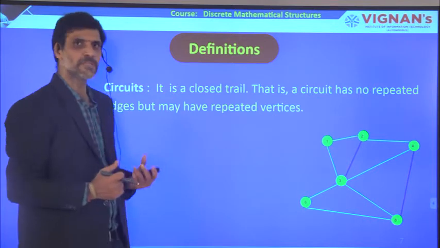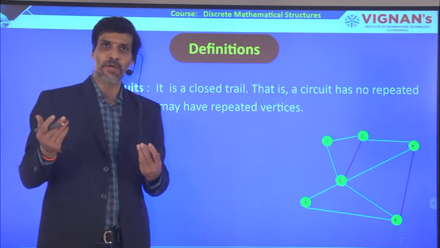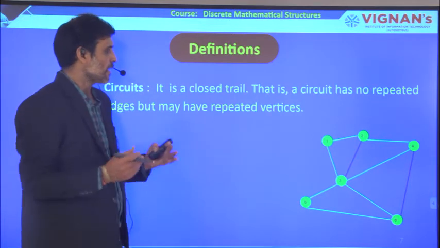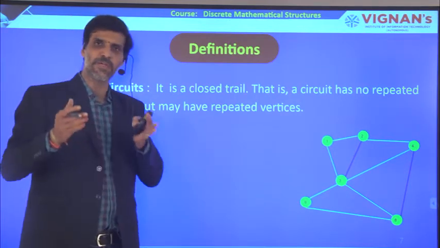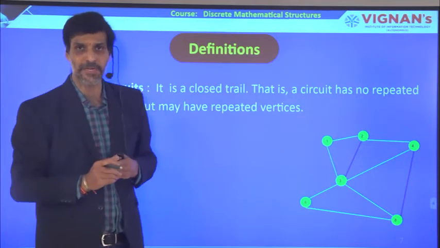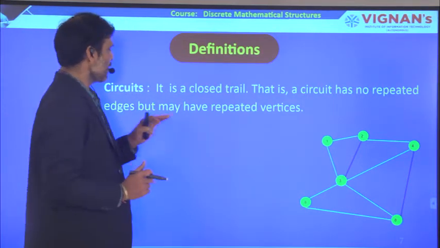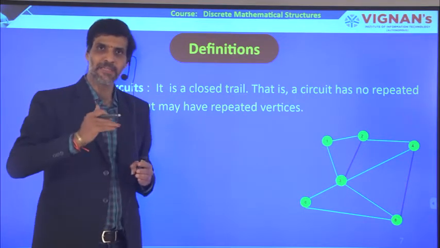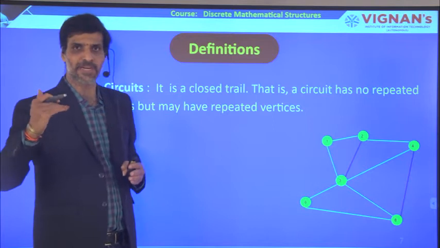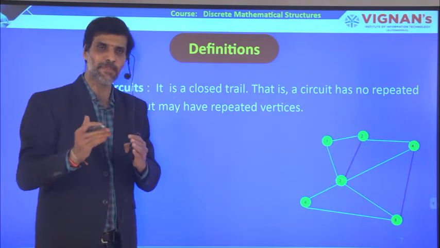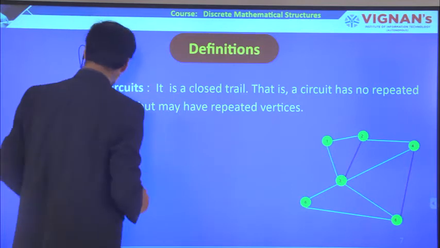But in the case of a circuit, not only the start and end vertices, the intermediate vertices we traverse through the graph may also be repeated. Edges may not be repeated, but the vertices may be repeated. That is the case of a circuit.